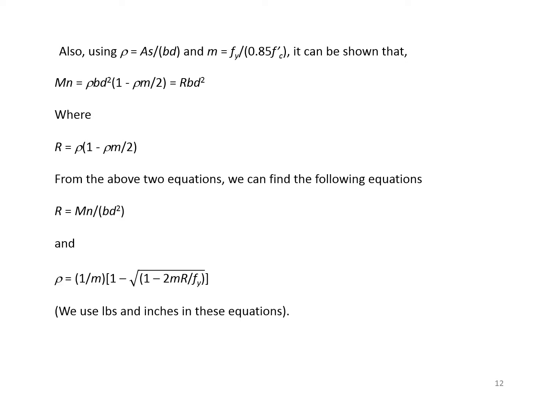From the above two equations, we can find the following equations. R is equal to Mn divided by bd squared, and rho is equal to 1 over m multiplied by 1 minus the square root of 1 minus 2mR over Fy. We use pounds and inches in these equations.